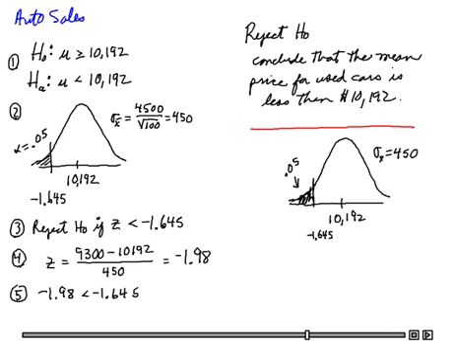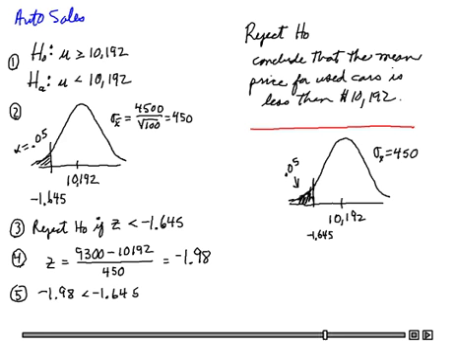The p-value method helps us express the strength of our evidence. It answers the question, what is the probability that we would observe our particular sample mean if in fact the null hypothesis was true? To calculate the p-value, I'm going to look at the test statistic for our 9,300 sample mean, and it is negative 1.98.